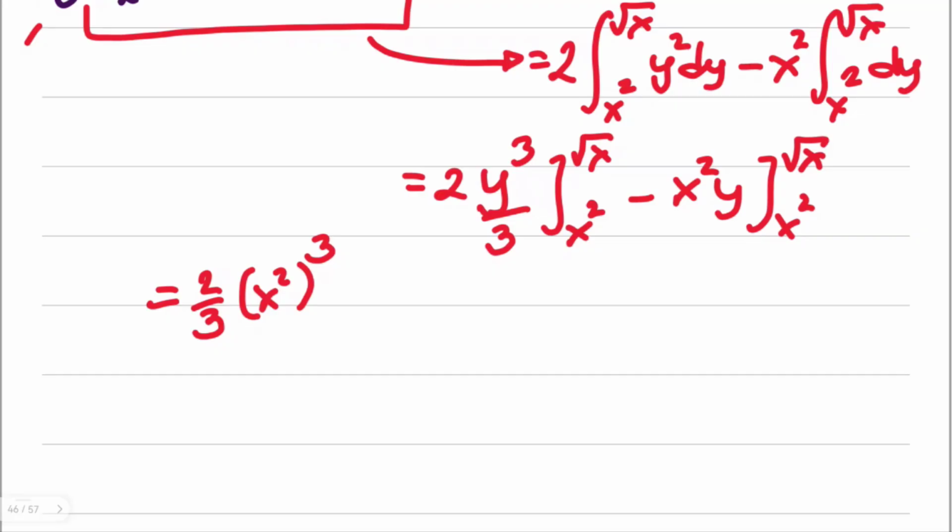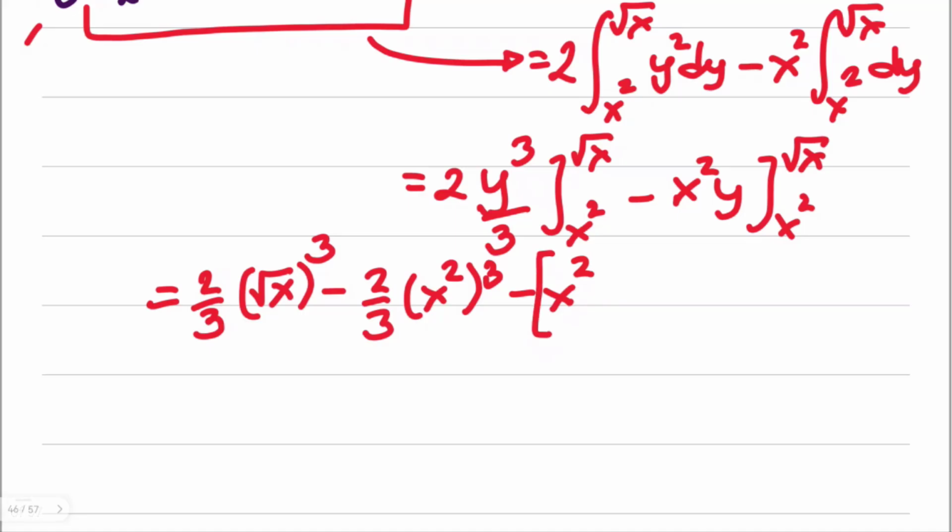Sorry, upper boundary. So that's square root of x. Okay, cubed, right? Minus 2/3. Your y would be x squared cubed. The second one, minus x squared. Let's add here grouping symbol because it's preceded by a negative sign. Your y is the upper, square root of x, minus x squared, times x squared.